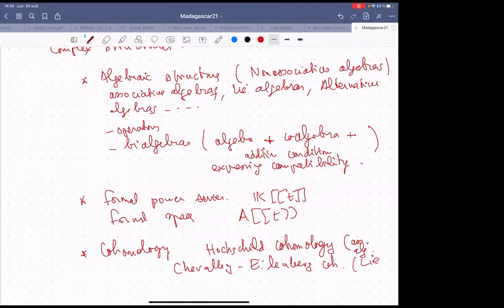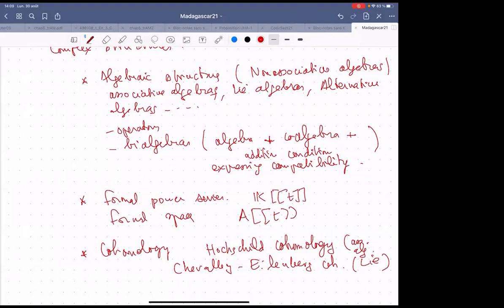Okay, and these are the three ingredients we will play with during this week. Of course, I will come back to each of them and give more details.